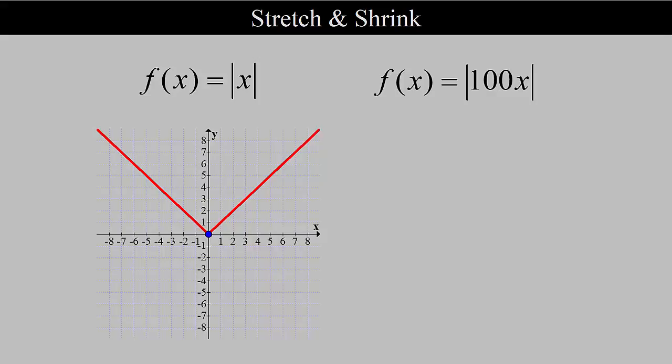The number is inside with the x. So something's happening in the horizontal direction. The next thing to remember about that is the x's work backwards. A big number makes it smaller. So this thing is becoming smaller or compressed in the horizontal direction.